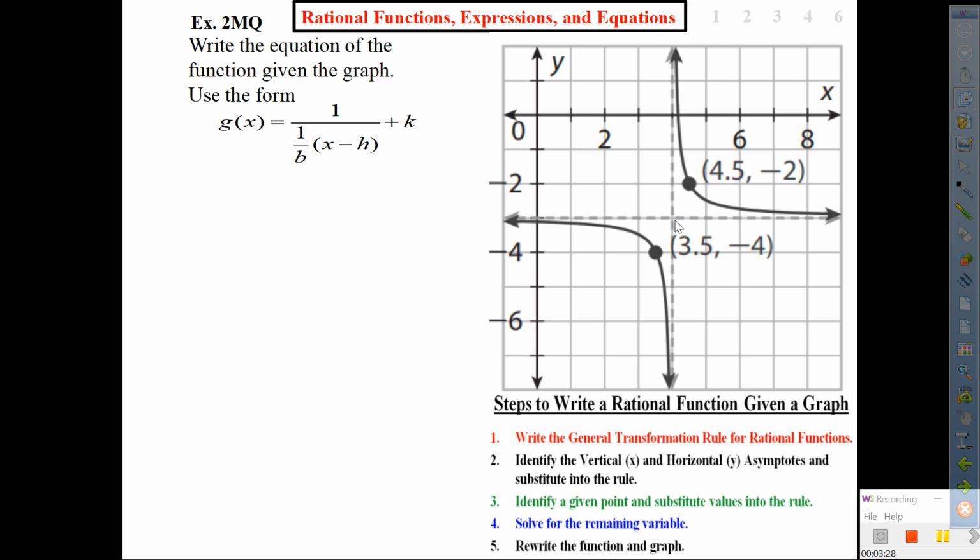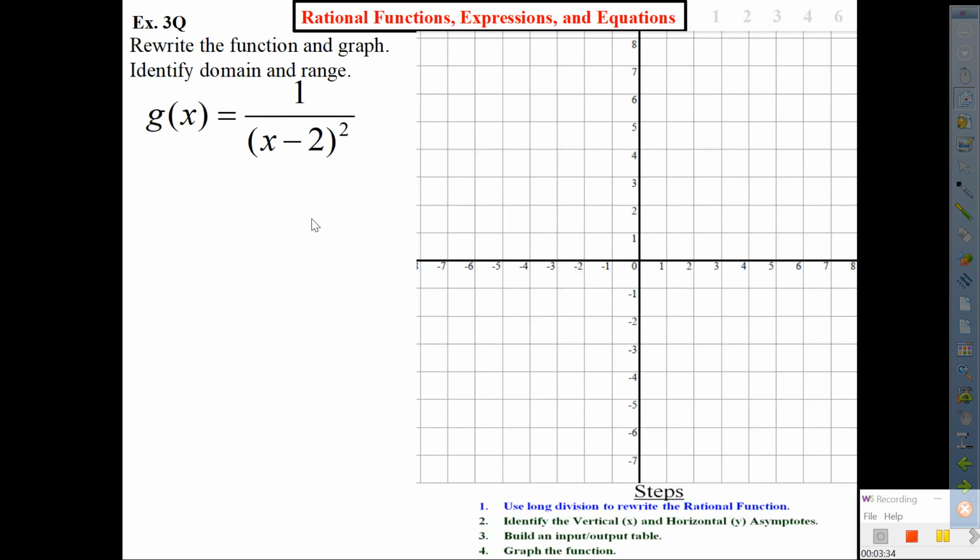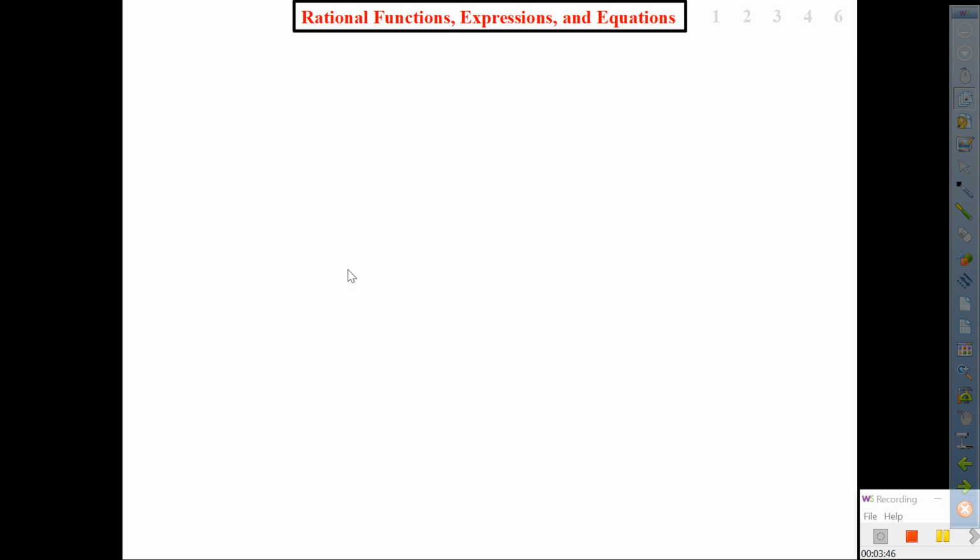From there, we moved on and introduced a new type of rational, which is the one on the screen. And then we went from there to here. And yesterday, we actually did some different types of functions to make sure we understood which one was which. So, writing utensils down, look up to the screen.